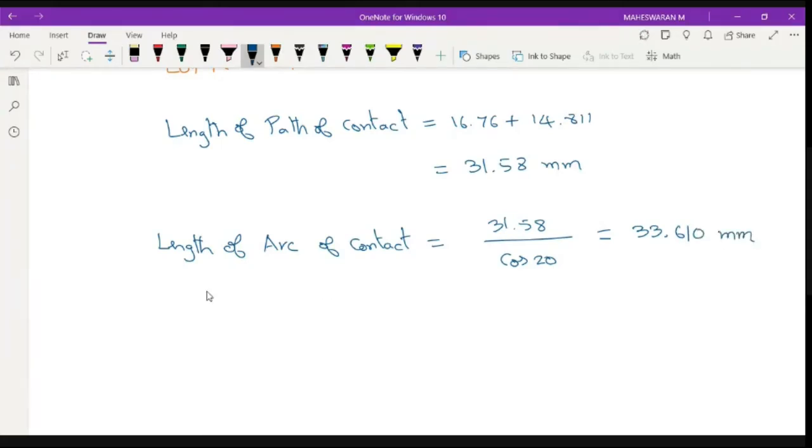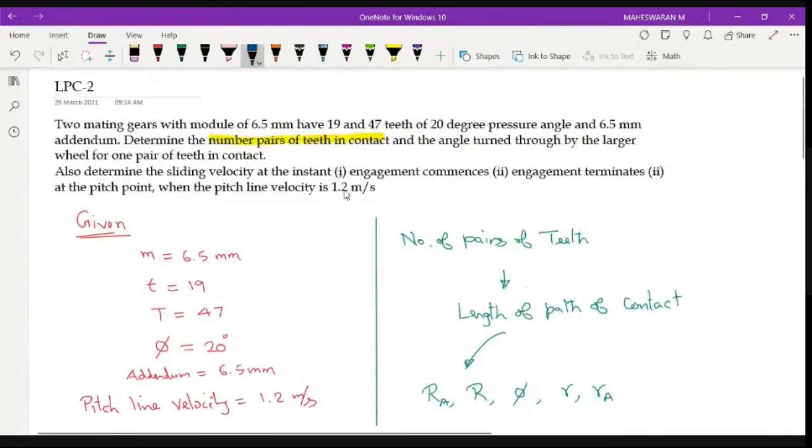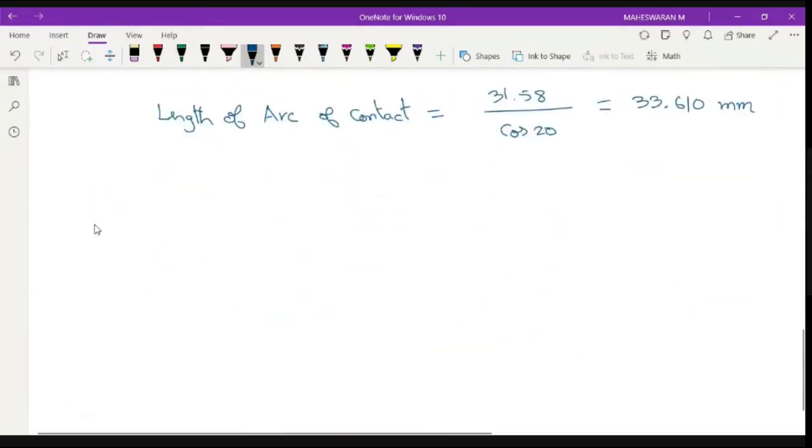Right? Okay. So now we identified the arc of contact. Right? So that is over. But we have to identify the number of pairs of teeth in contact. Right? So which is the contact ratio. Let us identify the contact ratio.